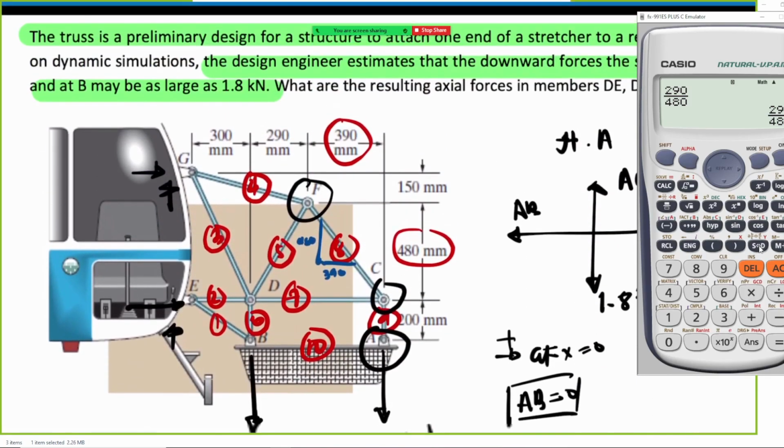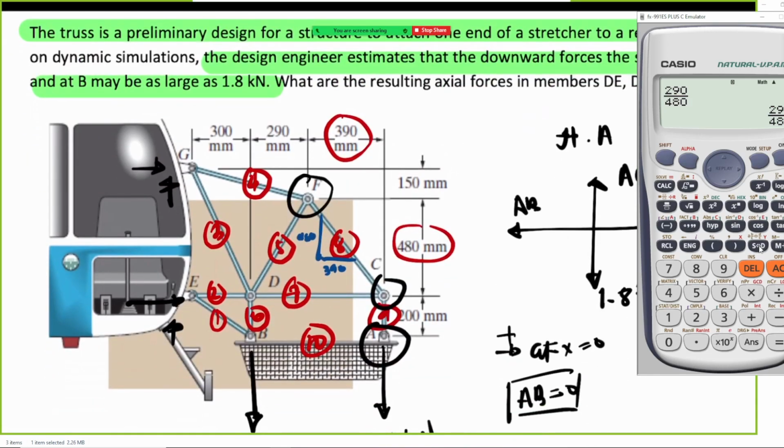Okay? Next is your FG. Sa FG, meron kang triangle, this one. So meron kang 150 for the Y and then 300 plus 290.